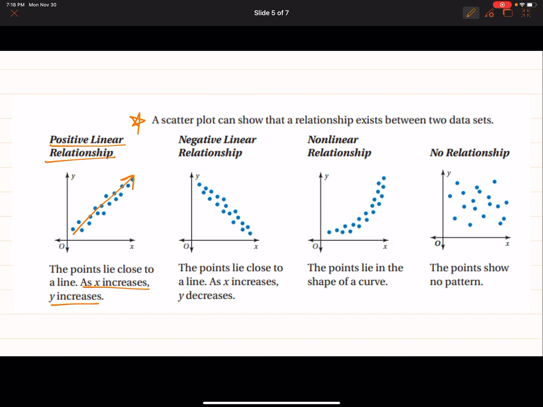The next one has a negative linear relationship, and you can see it's decreasing from left to right. As x increases, y decreases. Our third example shows a non-linear relationship. Remember, non means there's not a line. The points lie in the shape of a curve. And the last one, we have no predictable pattern, no relationship, or no correlation.